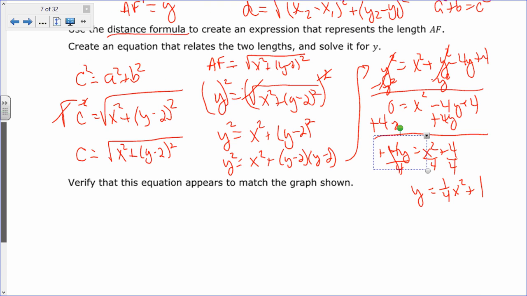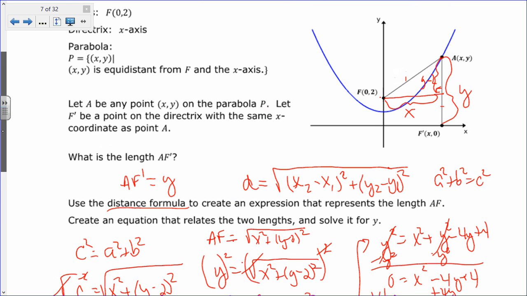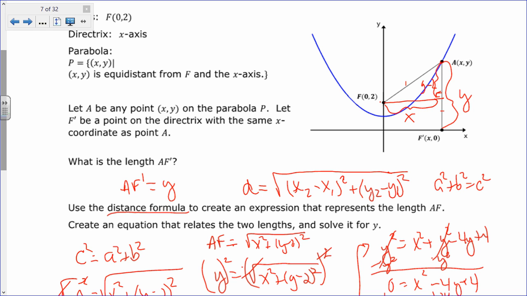So if we go back up and look at the graph, I need to have an actual point on the graph. I know that the distance between here and here has to be the same because any line drawn from the focus to the parabola and then to the directrix has to be congruent. So if I know that my total distance here is 2, this point here has to be halfway.